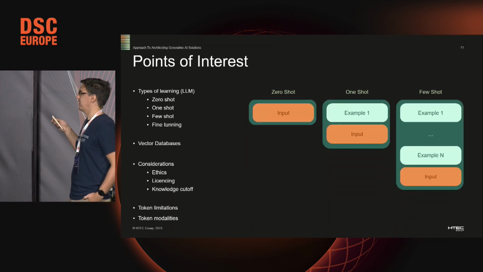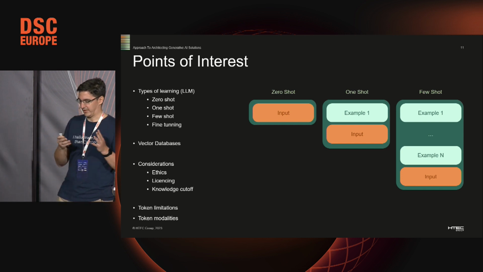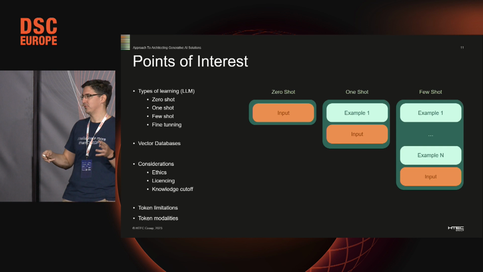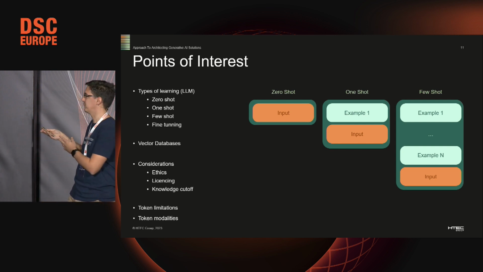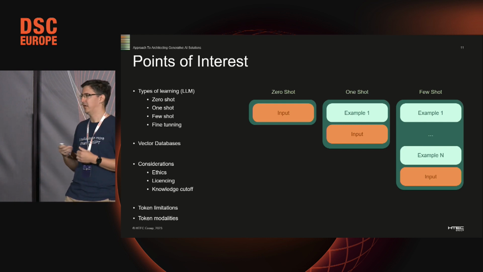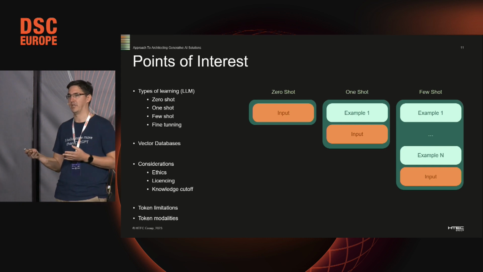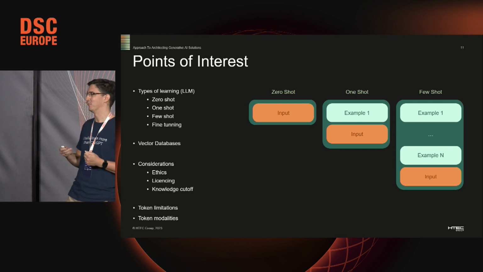The interesting point is the difference between the ways we can fine-tune or provide additional context to these systems, which are the ways of learning in LLMs. So we have zero shot. This is the same as in classical machine learning. You don't provide any additional information to the system and you hope that the behavior will be as you want.